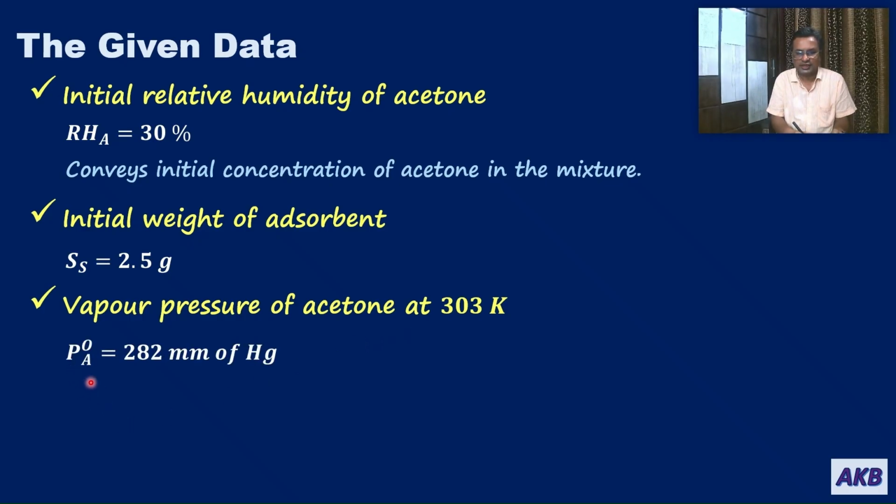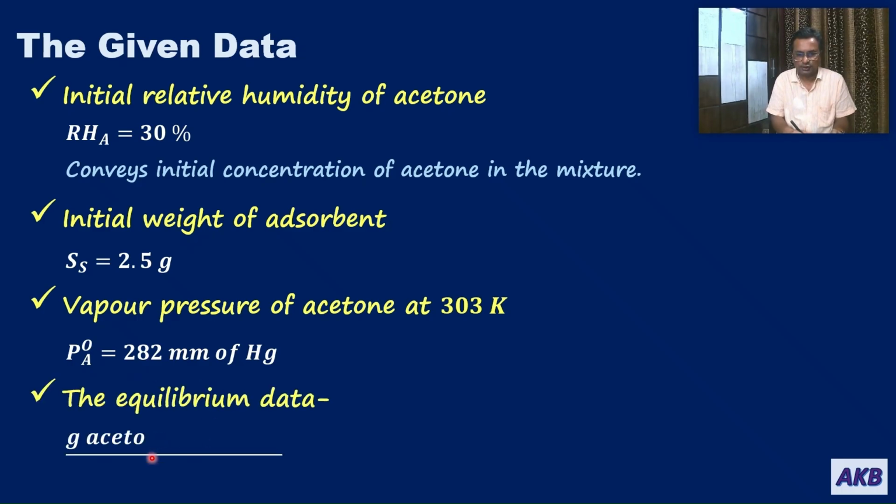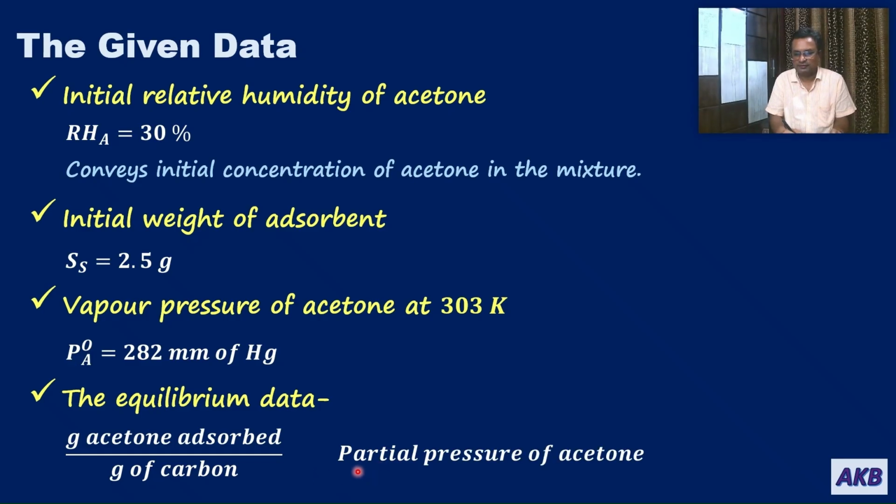I'm going to denote it as PA0, and it is 282 millimeter of mercury. The equilibrium data is given to us. So we have equilibrium values of gram acetone adsorbed per gram of carbon, and we also have the corresponding equilibrium partial pressures of acetone in the mixture.